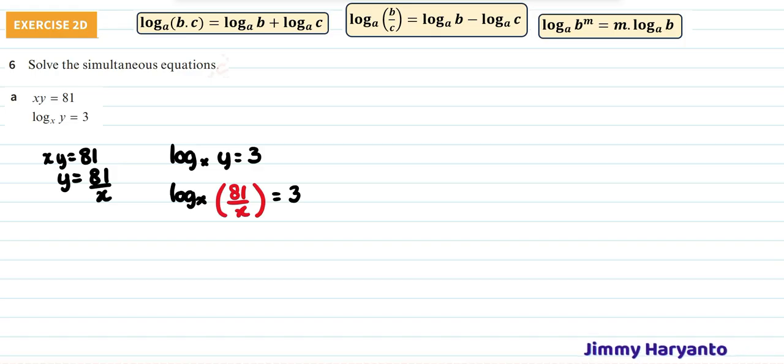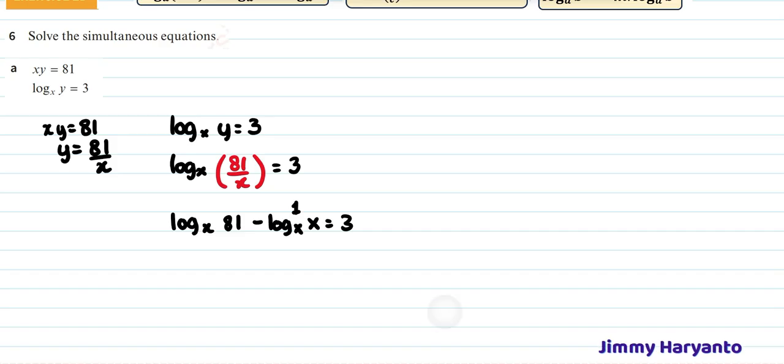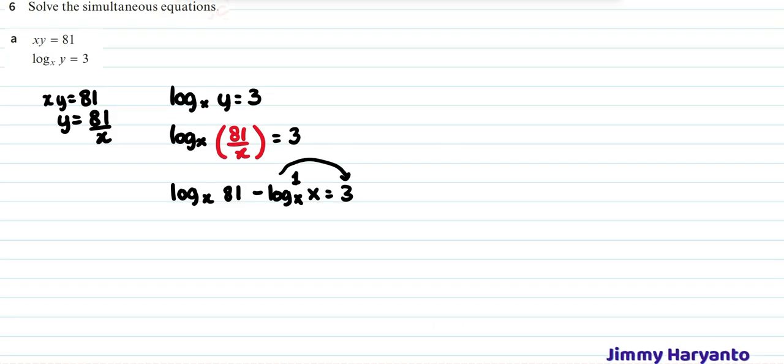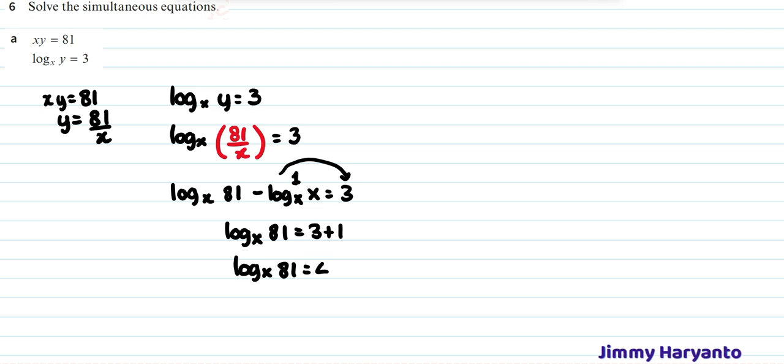I think we can separate it using the division rules. That means you will have an expression like this, and this one will become 1, and then I want to move the negative 1 to the right hand side. It will become 3 plus 1, and then logarithm x 81 equals 4.